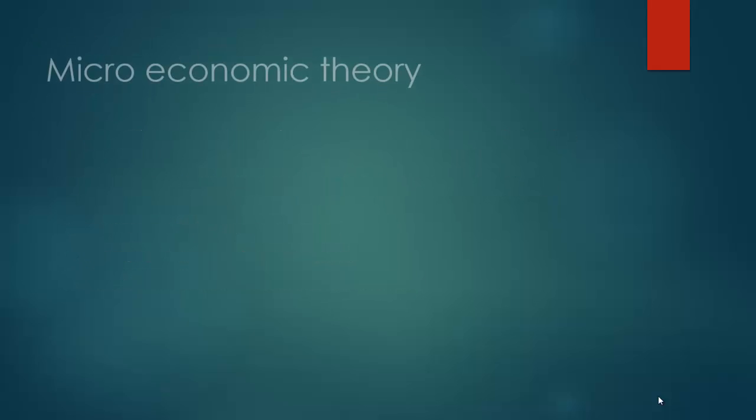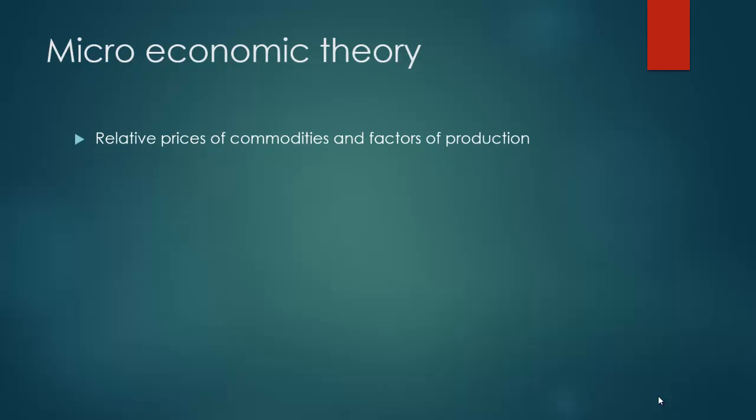Microeconomic theory will be basically concerned with relative prices of commodities and factors of production, inputs. Hence, we will not be incorrect if we call microeconomic theory a price theory.